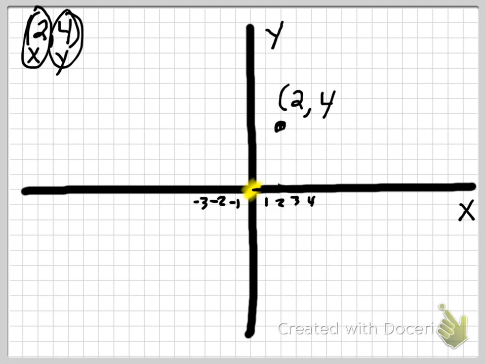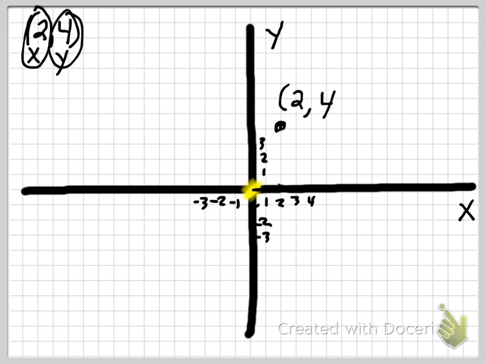Same thing for the y-axis. As I go up from the origin, there's 1, 2, 3, and that keeps going, whereas if I go down, I have -1, -2, -3, etc.